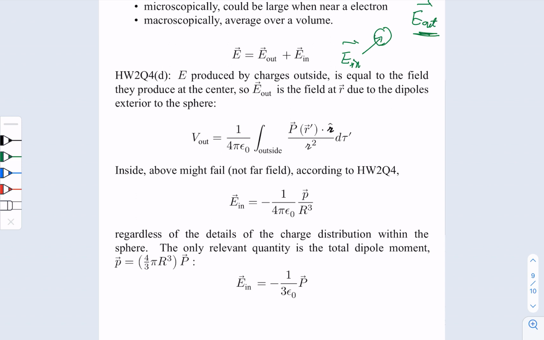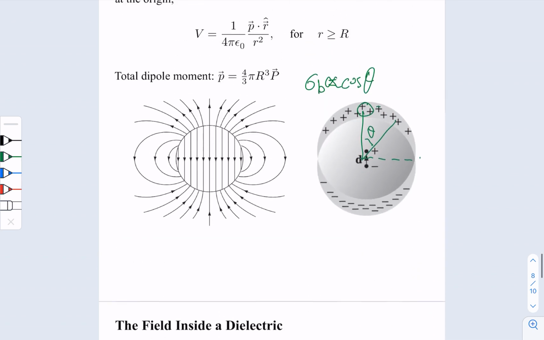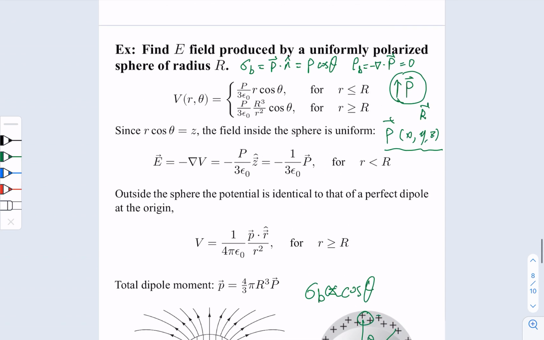Now, if we rewrite these terms in terms of this p vector, which is the average over the sphere, you can actually get back this 1/3 epsilon naught p. This is exactly what we derived earlier for the uniformly polarized sphere of radius r, right?